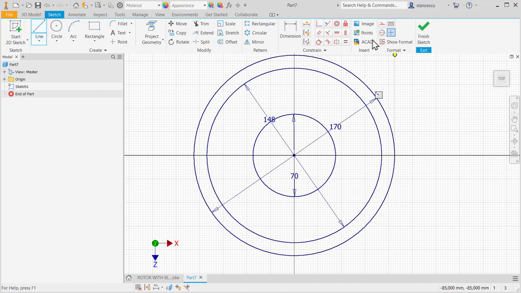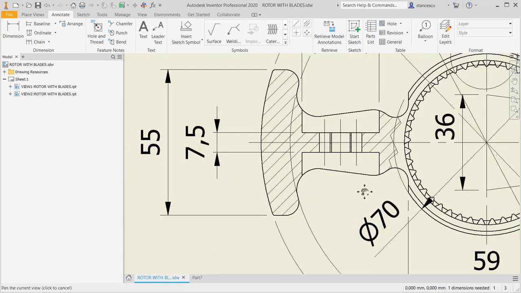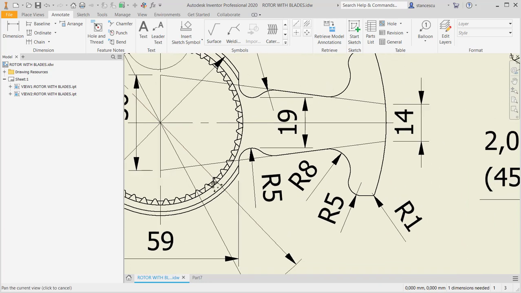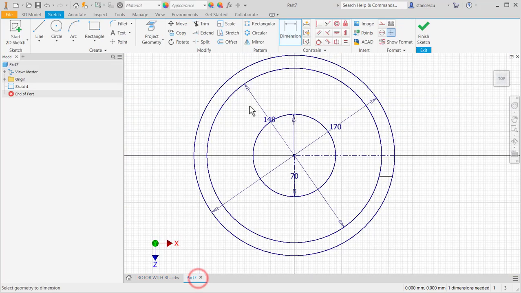Now I draw two lines as a center line, another line but normal, not center line, with a dimension of 55. You see this line, 55. Since we dimension with the center line, you see it looks like a diameter. This is very convenient for us.